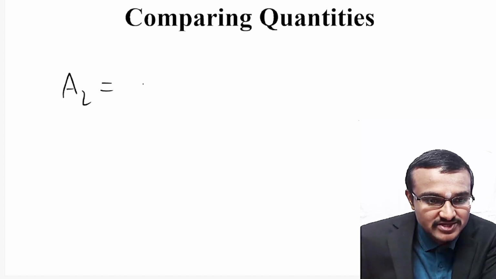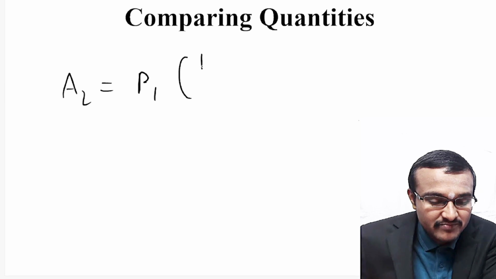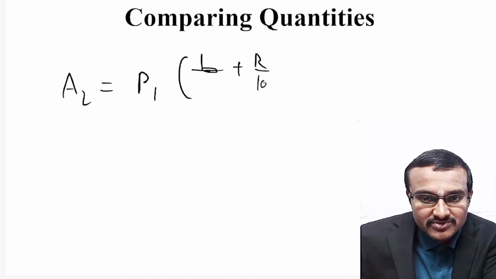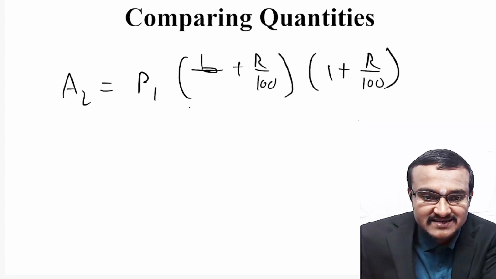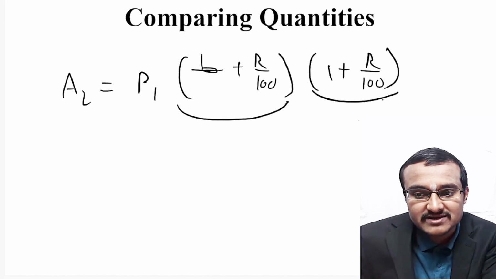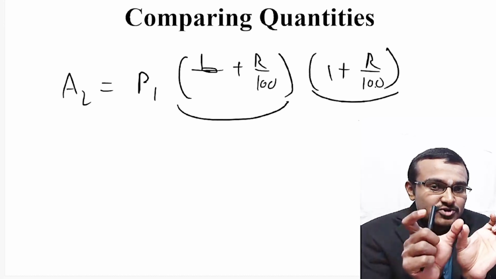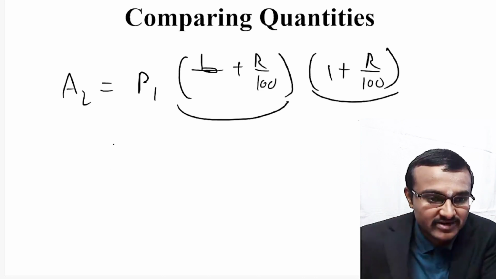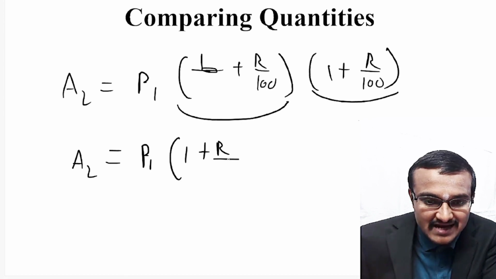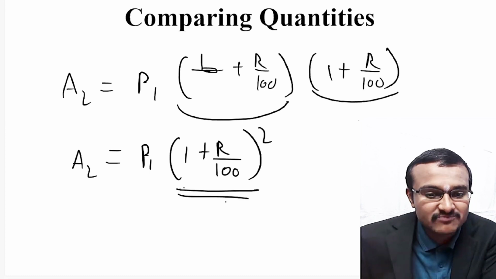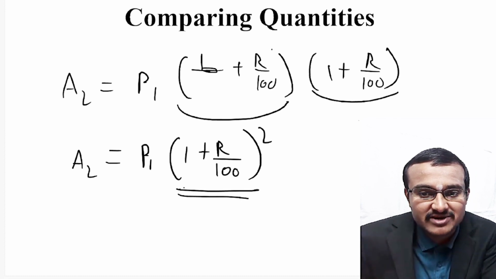Now you can easily see 1 plus R by 100 is one term, so you can take the square of 1 plus R by 100. So A2 is equal to P1 into 1 plus R by 100 whole square.